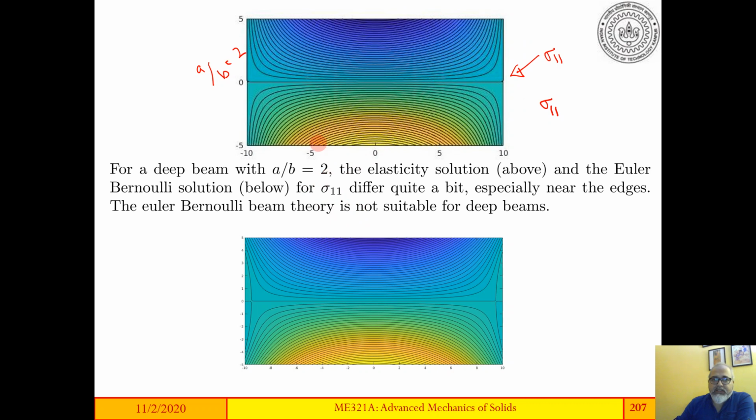And now you see that the solutions here are very different. And this is the Euler-Bernoulli approximation for sigma 1 1, and this is the Airy stress function elasticity.